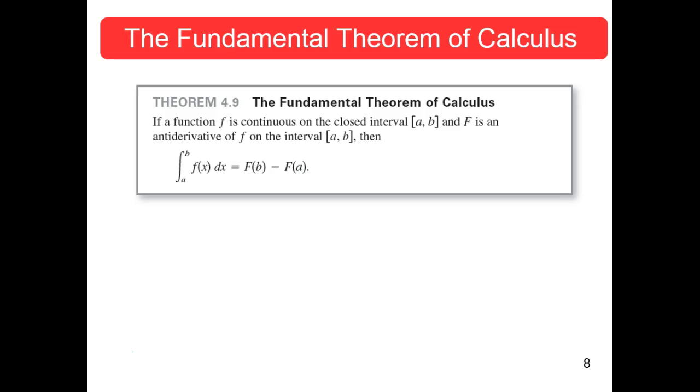When you did the indefinite integrals, you always had a constant of integration. Well, if you have limits, then this says it's going to be that antiderivative, first evaluated at b, and subtract from that the evaluation at a.